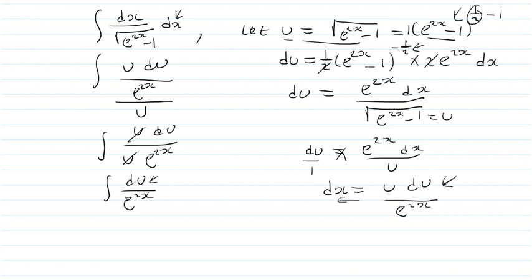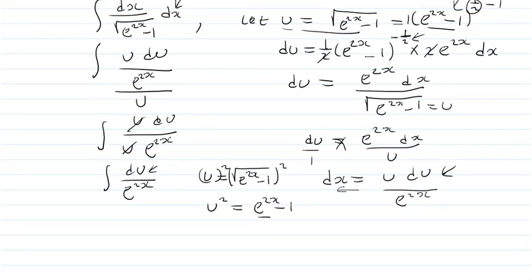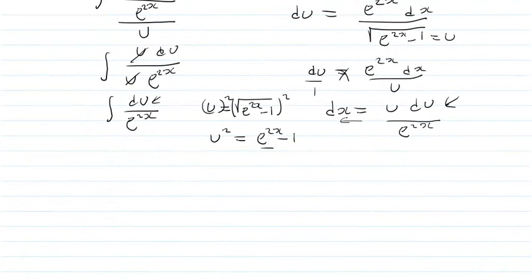We said u is equal to the square root of e^(2x) minus 1. So we can square both sides, meaning we get u squared equal to e^(2x) minus 1. Making e^(2x) the subject of the formula, we get u squared plus 1 equal to e^(2x).